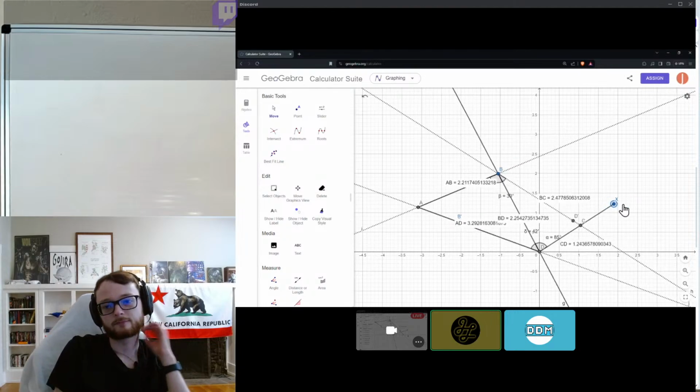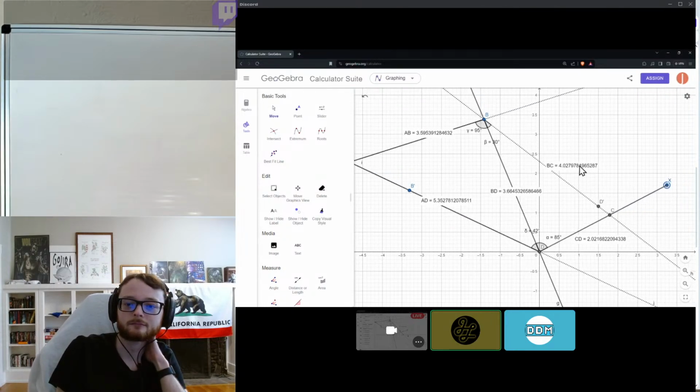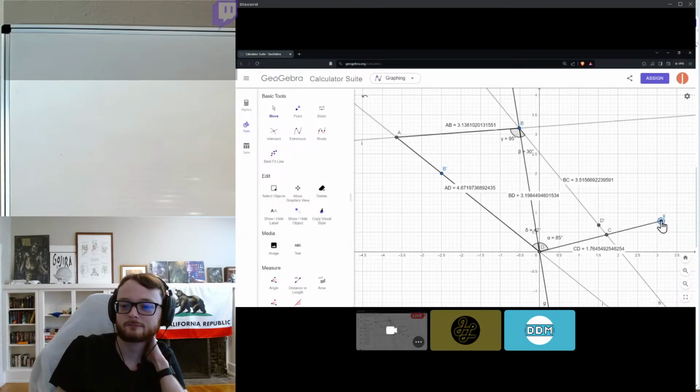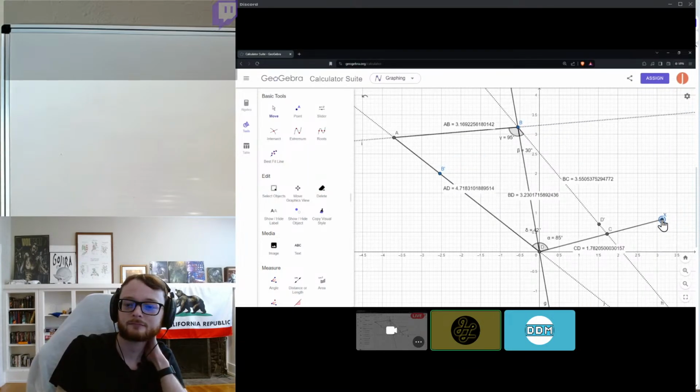There's nowhere I can make BC a smaller length than BD or CD, which goes back to the statement we made earlier about the largest side having to be opposite the largest angle, because this is 85, that's 30, so this one's going to be 65 degrees.